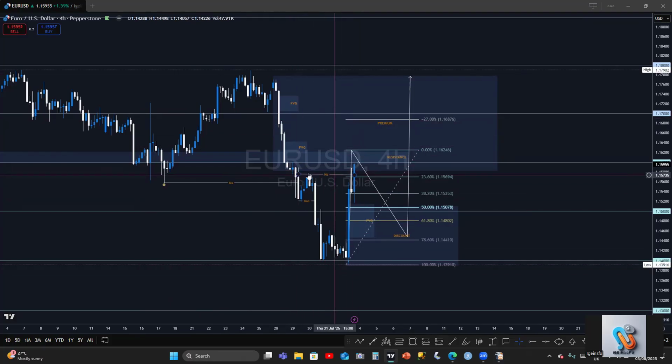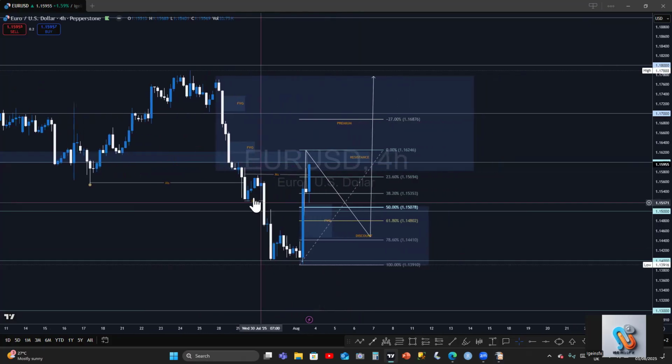Why? Because this point here was the last break of structure, and price has taken out this level. So it's what we call a market shift, or a change of character.